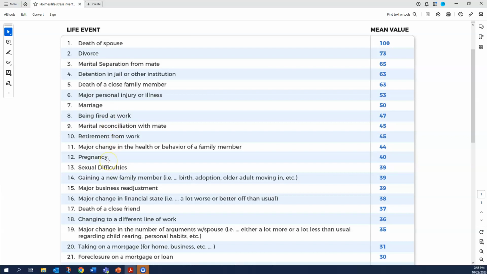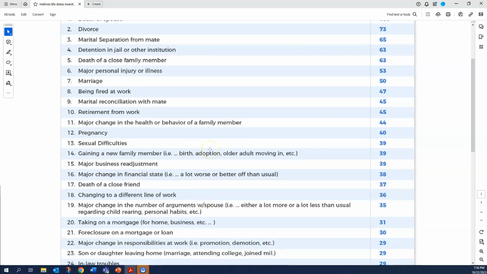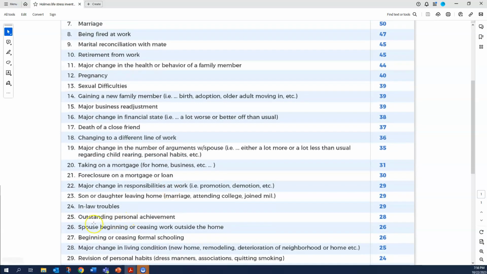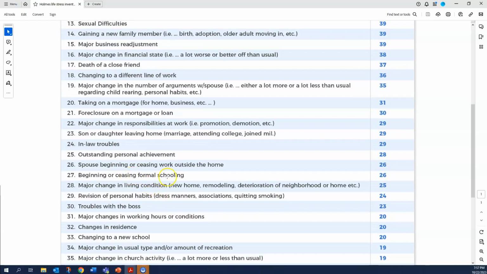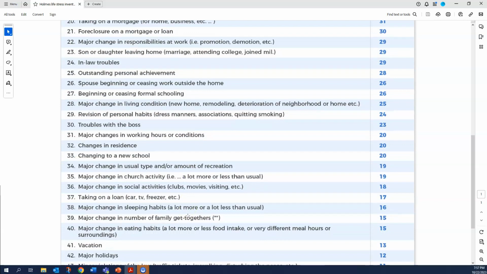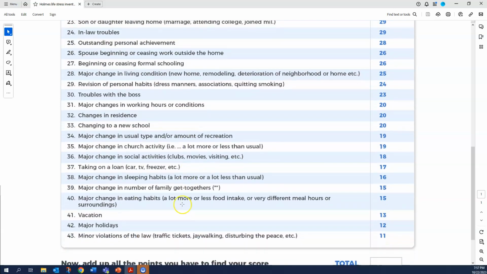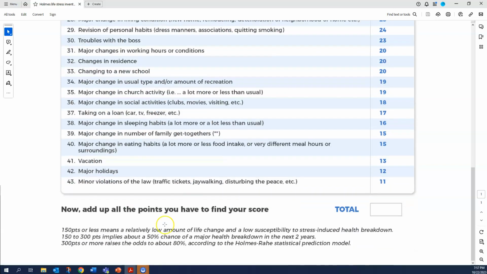The same thing with pregnancy, birth, adoption. Some of those can go both ways. I always love in-law troubles, right? Have you had any personal achievements? Changing schools, new homes. So you can see there's a whole lot of different things that can go into play.